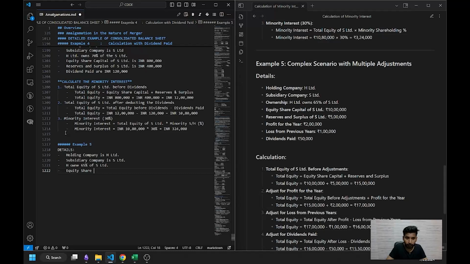Equity share capital of S Limited is rupees 10 lakh. Reserves and surplus of S Limited is rupees 5 lakhs.